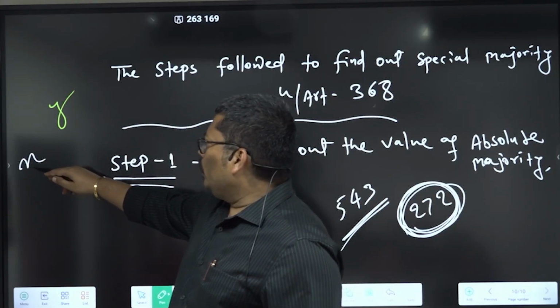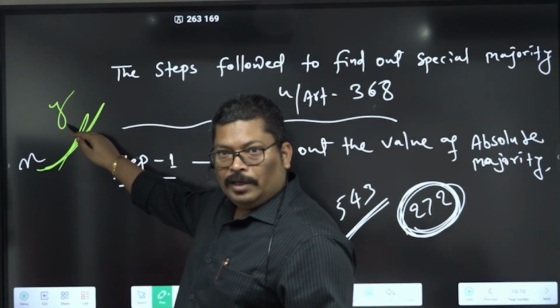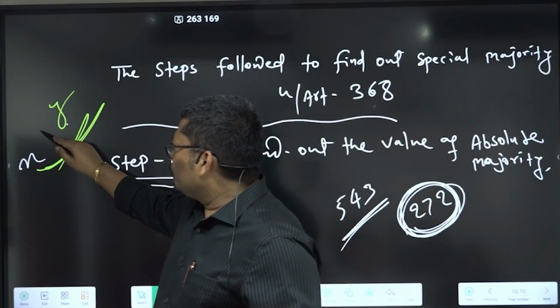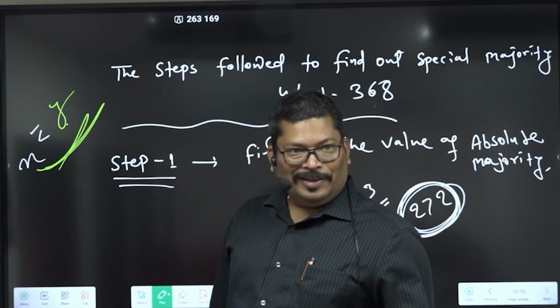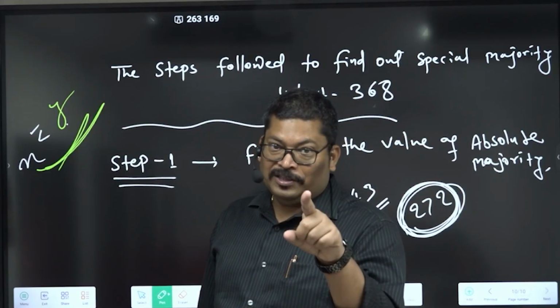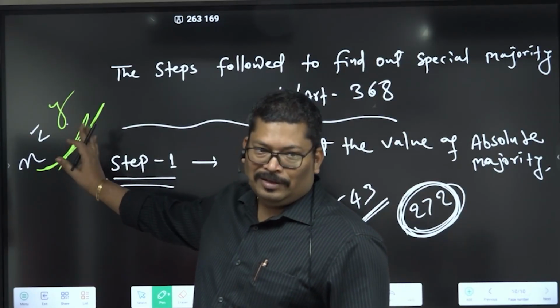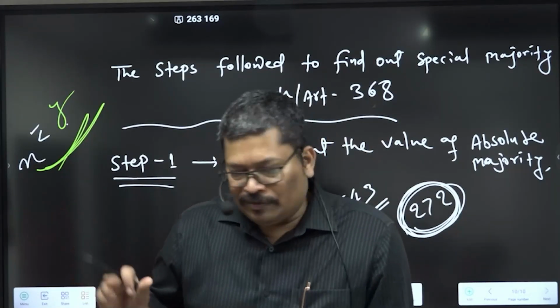So you need to make an assessment between these two sets of figures. If y is either equal or greater than x, then a special majority under Article 368 would be satisfied. If it is not, then a special majority under Article 368 won't be satisfied.